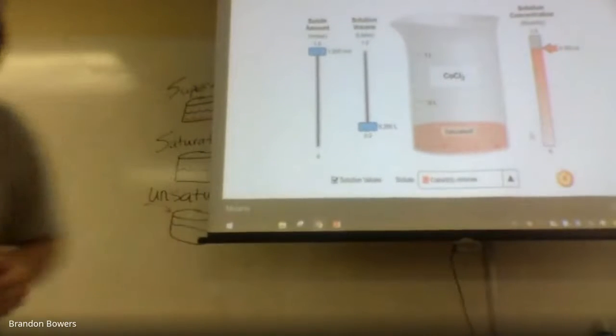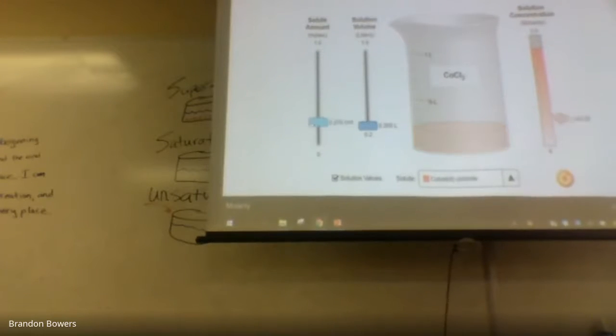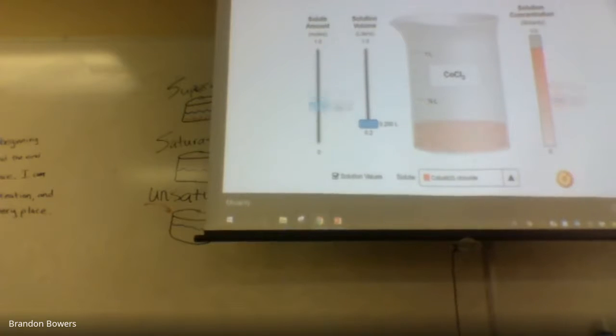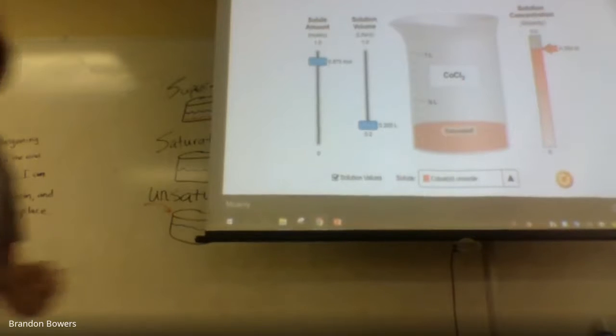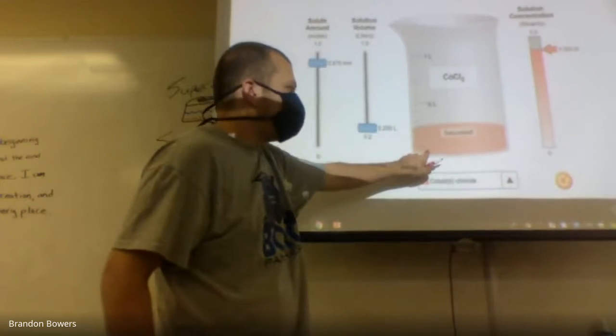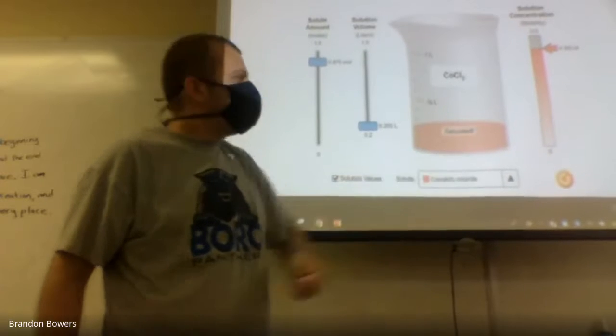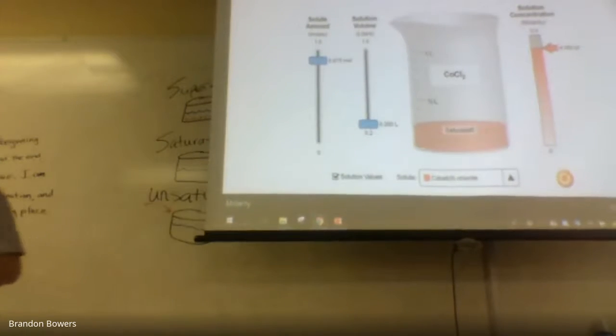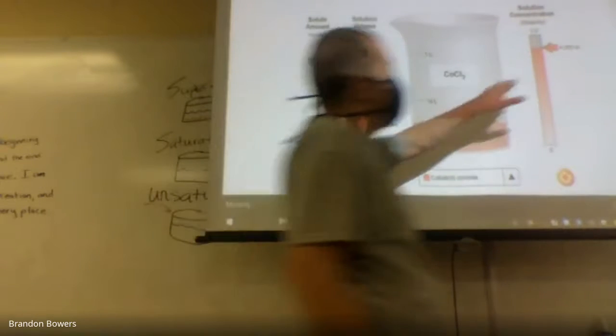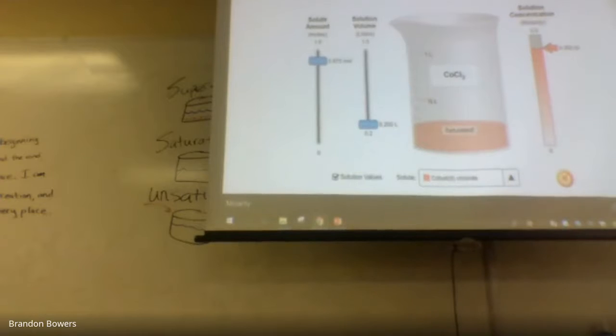I'm going to try to move these up and down to get rid of them. I heard a ting. I have one dot. That's saturated. So what's the molarity right there? The max is 5. It's 4.350. And that is what we're doing. We're going to test the different molarities of different compounds.